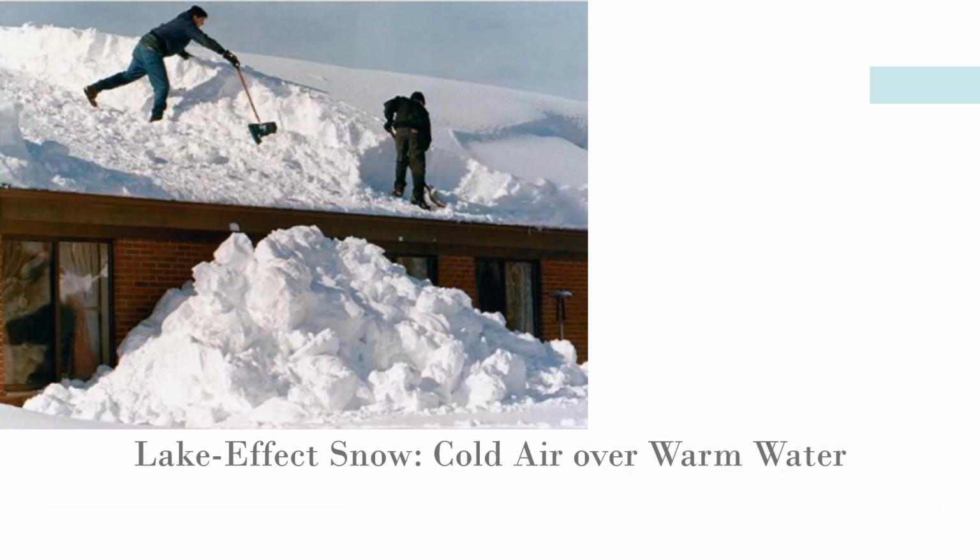To visualize an example of this air mass modification, we can see in this picture the lake effect snow. This is what we call lake effect snow, when cold air glides over warm water.